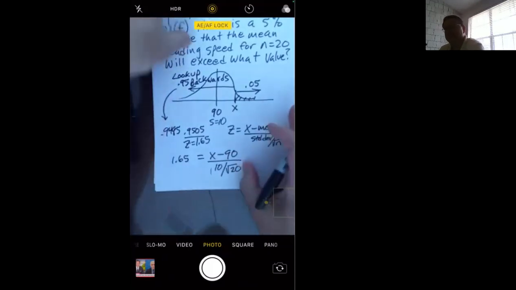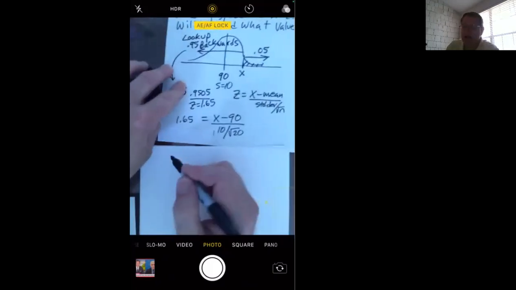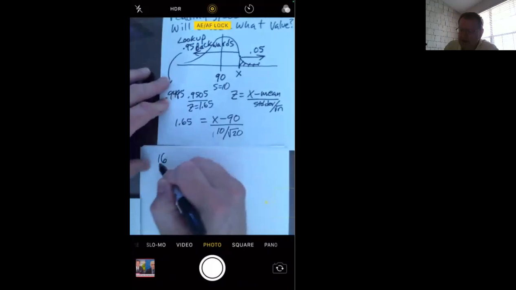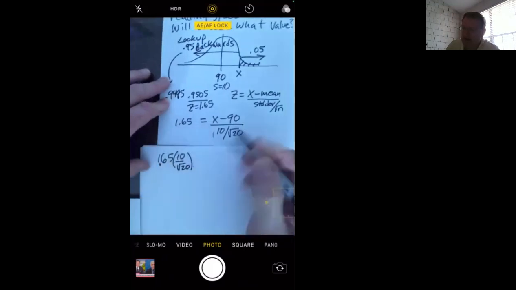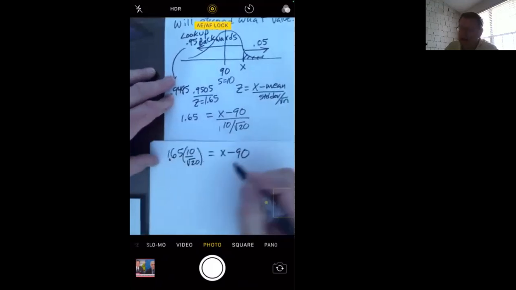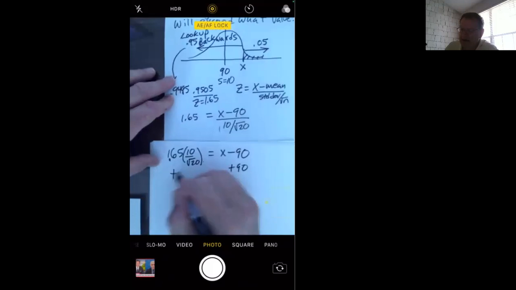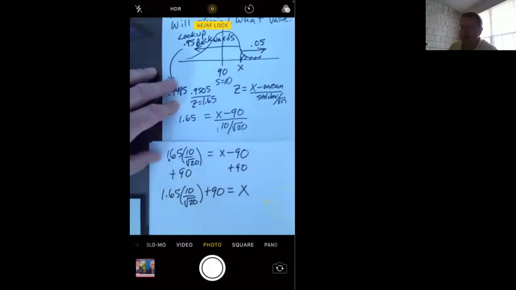So 1.65 times 10 divided by the square root of 20 equals x minus 90, and I'll add 90. So 1.65 times 10 divided by the square root of 20, plus 90, will equal x.